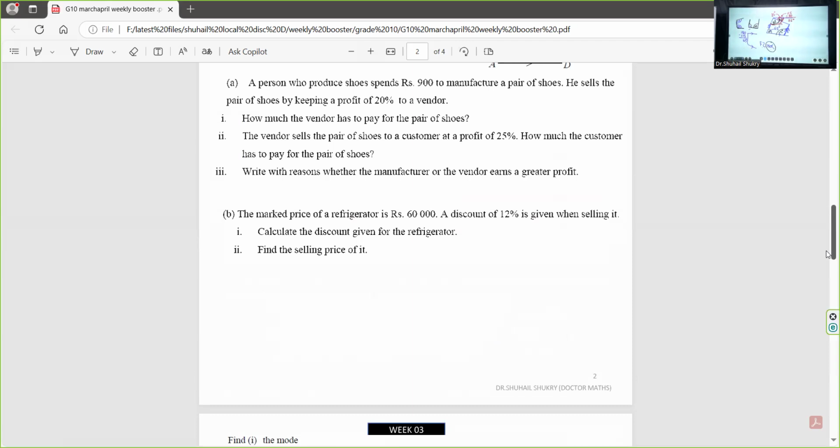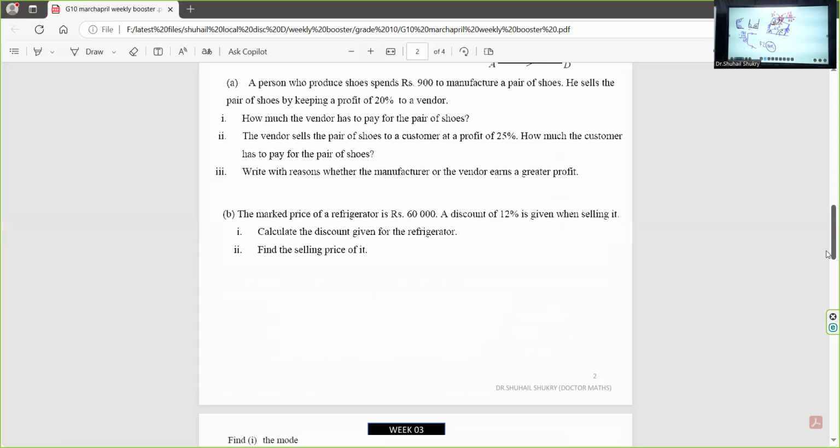He sells the pair of shoes by keeping a profit of 20% to a vendor. First question, how much does the vendor have to pay for the pair of shoes? That's the first question, and there are a set of questions related to percentage.